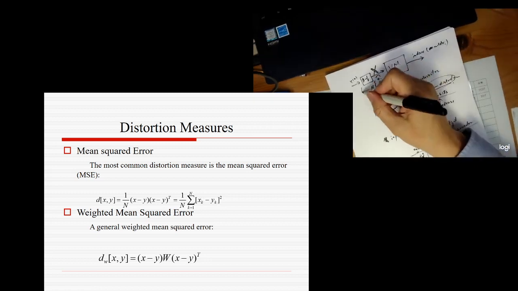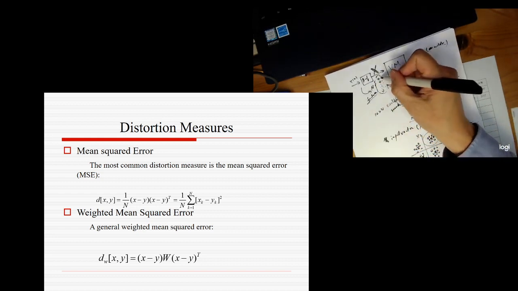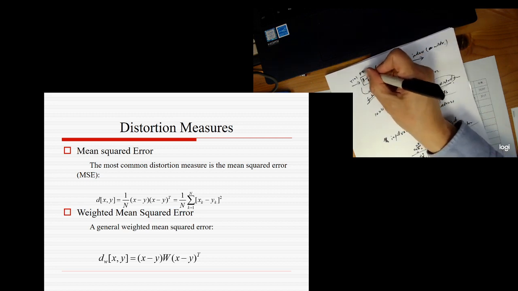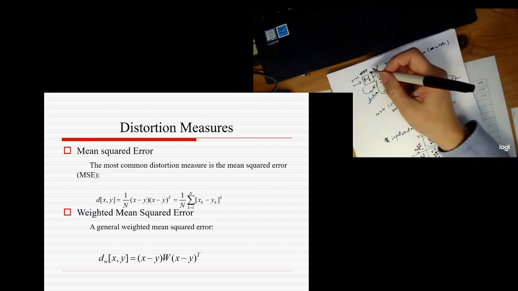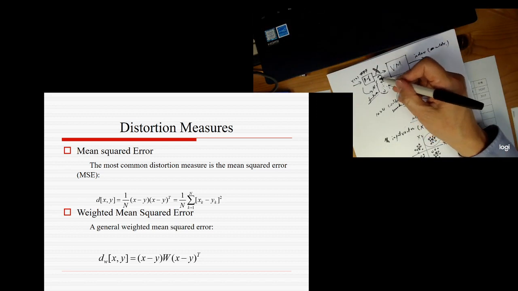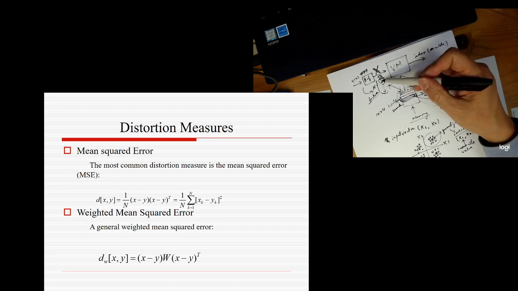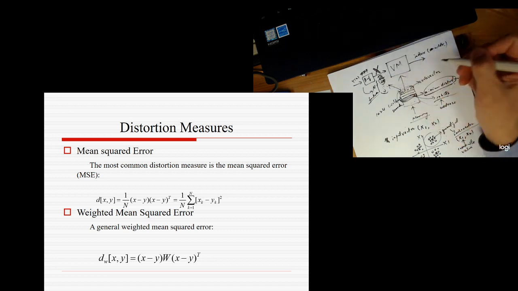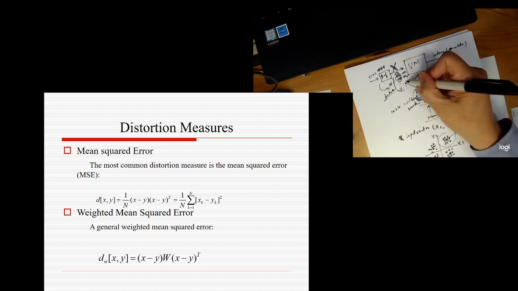We are not always using the original data. They have a preprocessing step to generate some features, and the features have some important parts. For example, if you are using the FFT to go to the frequency domain, the low frequency components may be the more important part. When we calculate the distortion, each component is multiplied by a weighting function.